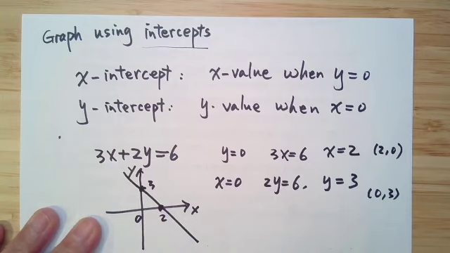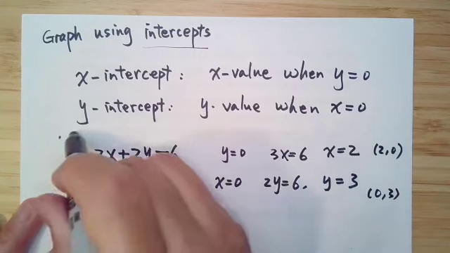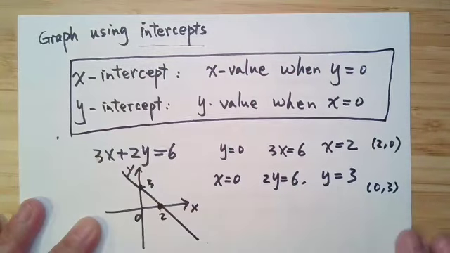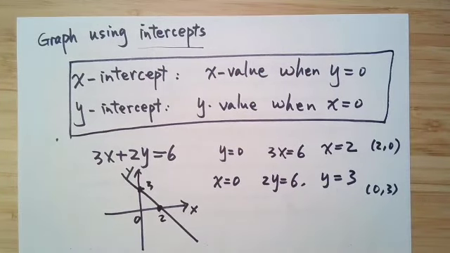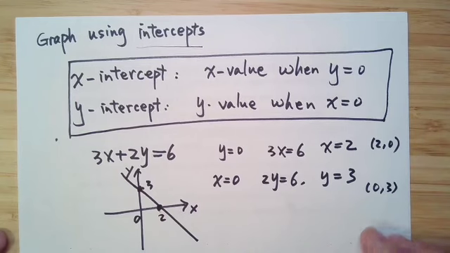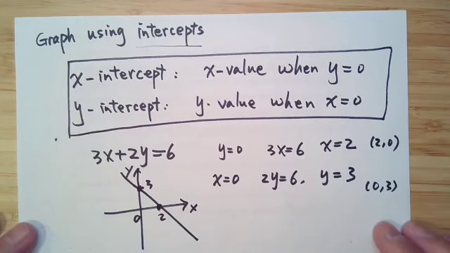That's not a very hard concept, but it is something that you really need to remember. The x-intercept is the x value when y equals 0, and the y-intercept is the y value when x equals 0. And here I showed you how to do that. This is how you graph using intercepts.